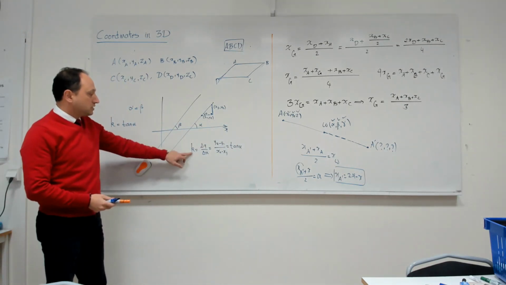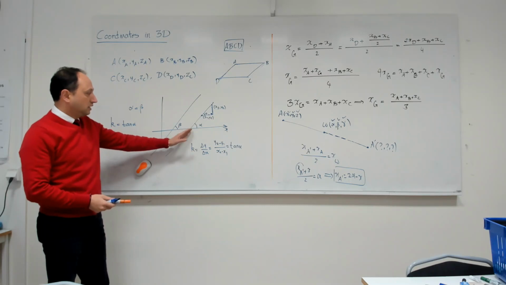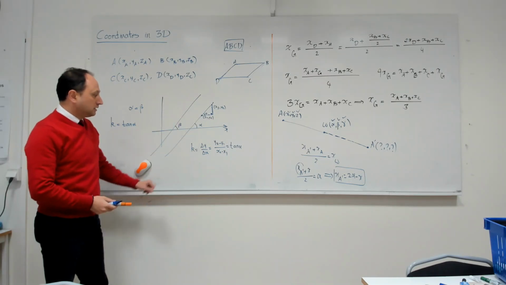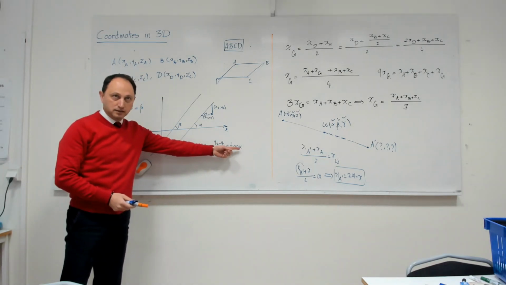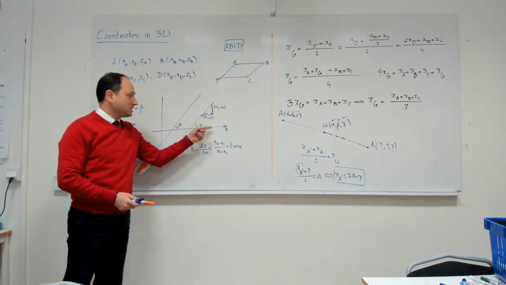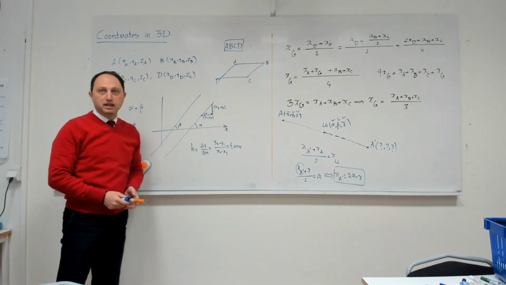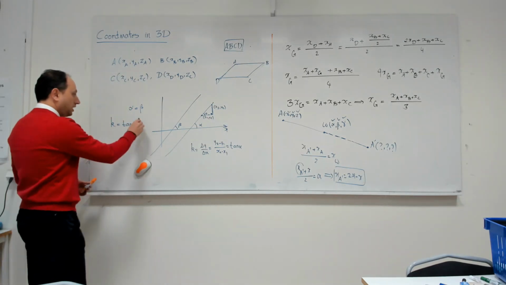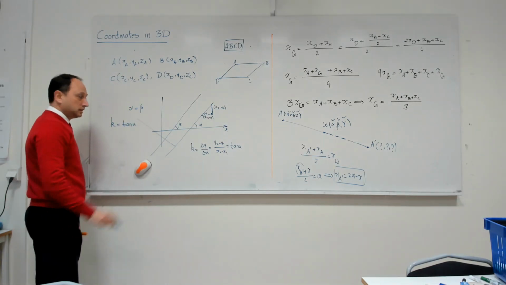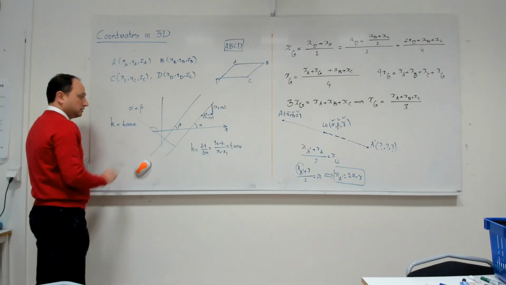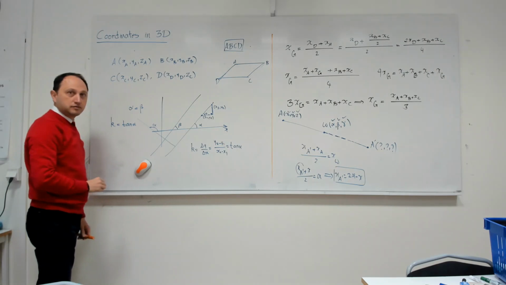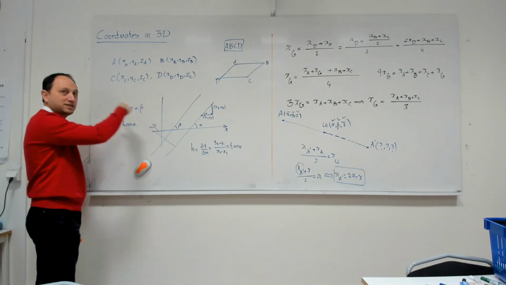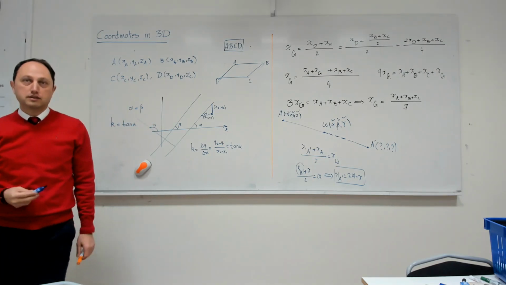So if I ask you what is the k value of a line in 2 dimensions, you can say the k value is the tangent of the angle that my line makes with the positive direction of the x-axis. If I have a line in this form, then my alpha is this one, and the tangent of such an angle is negative, because alpha is in the second quadrant, and in the second quadrant tangent is negative.